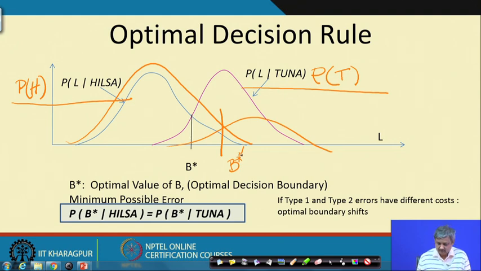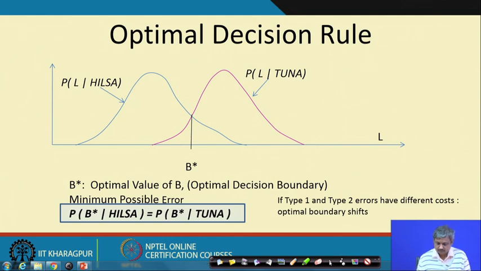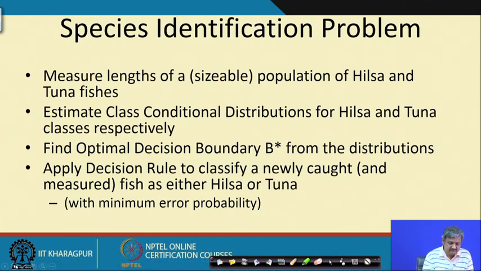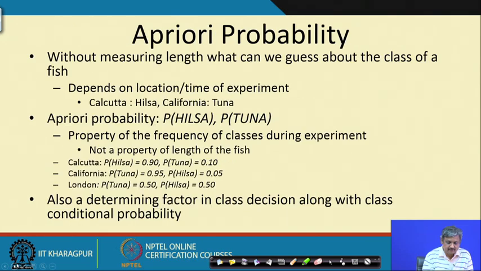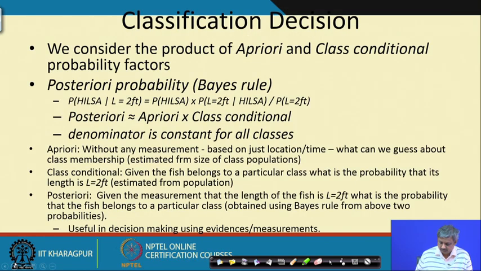Let me write this down algebraically. I multiply the class conditional by the prior and I divide it by the probability of length being 2 feet, for example, in this case.